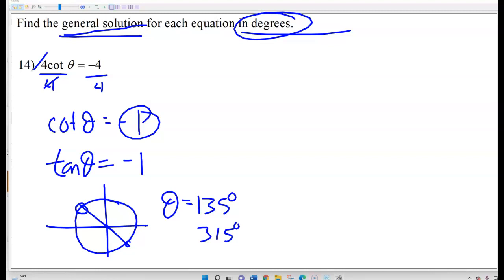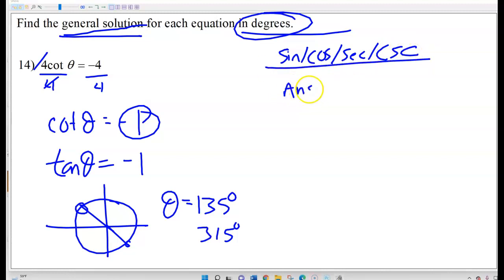Okay, and so here's how this works. If you're dealing with sine, cosine, secant, or cosecant, the general solution is the answer that you get using the strategy that we just did, plus 360 times n, where n represents any integer.